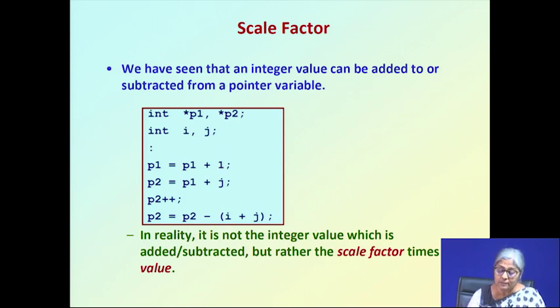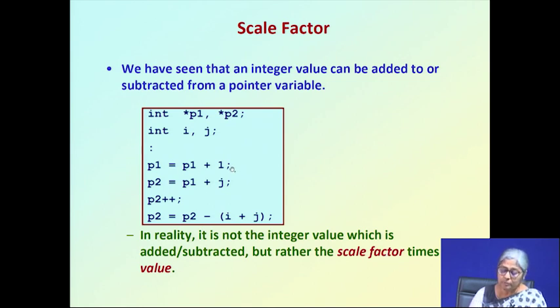Why is that? If my P1 is of integer type, then for P1 I need 4 bytes. So this 1 actually means 4 bytes will be added, and this is called the scale factor.